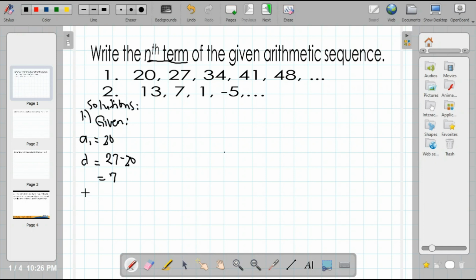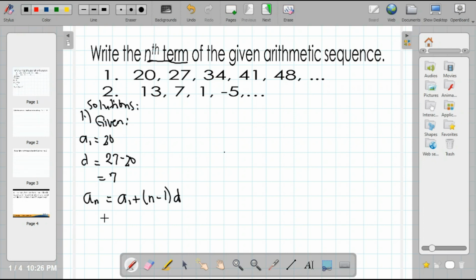So to find the nth term of this, we're going to use the formula a sub n equals a sub 1 plus quantity n minus 1 times the common difference d. So this is still a sub n, and that is equal to, what is our a sub 1?